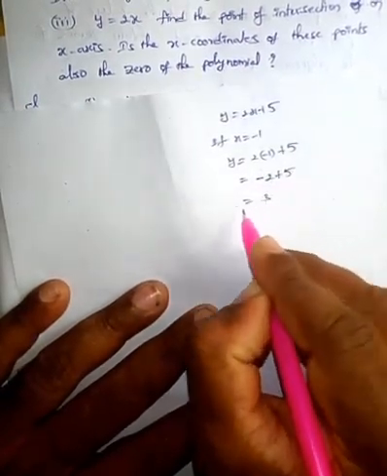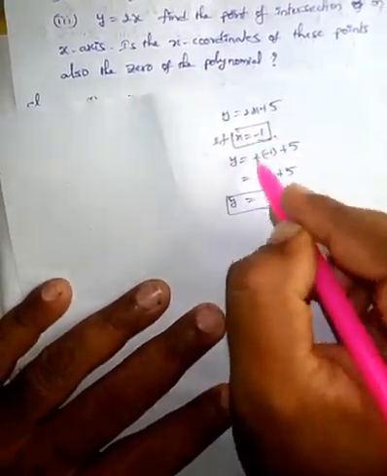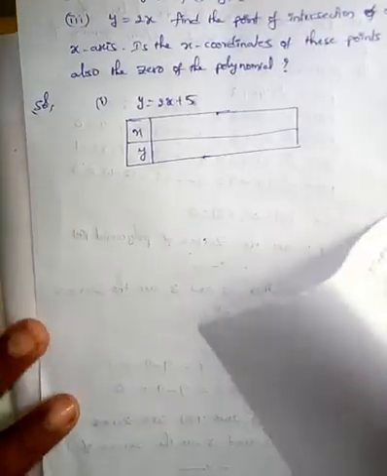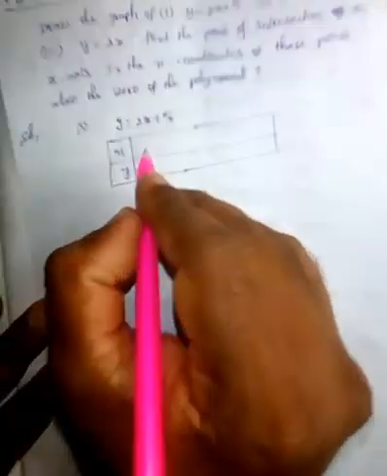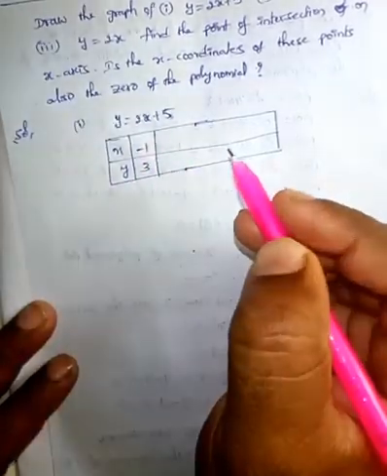So the answer will be 3. If x equal to minus 1, the answer of y is 3. Okay, so now substitute here. If x equal to minus 1, y equal to 3.